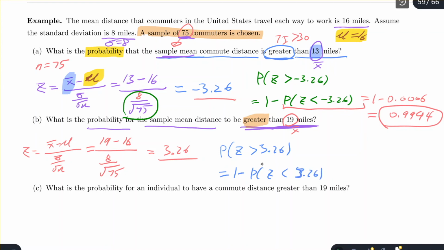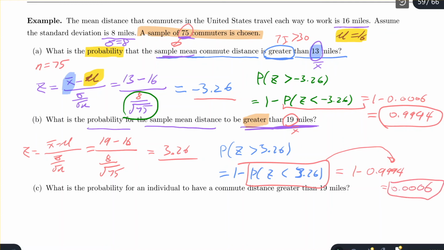I can find this value from the z table, which is 0.9994. So then the answer is 0.0006. So the probability that the mean distance of those 75 commuters is greater than 19 miles is 0.0006.